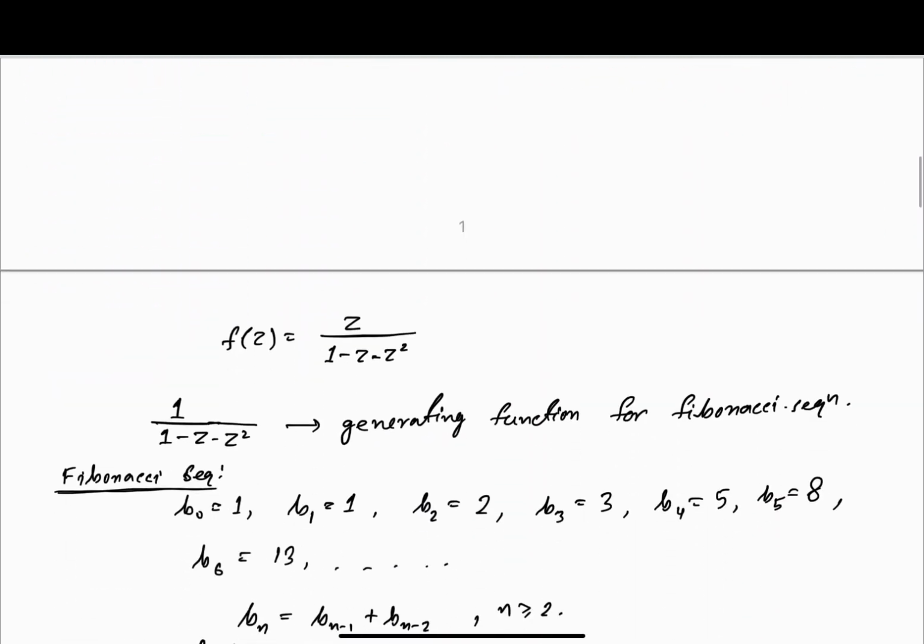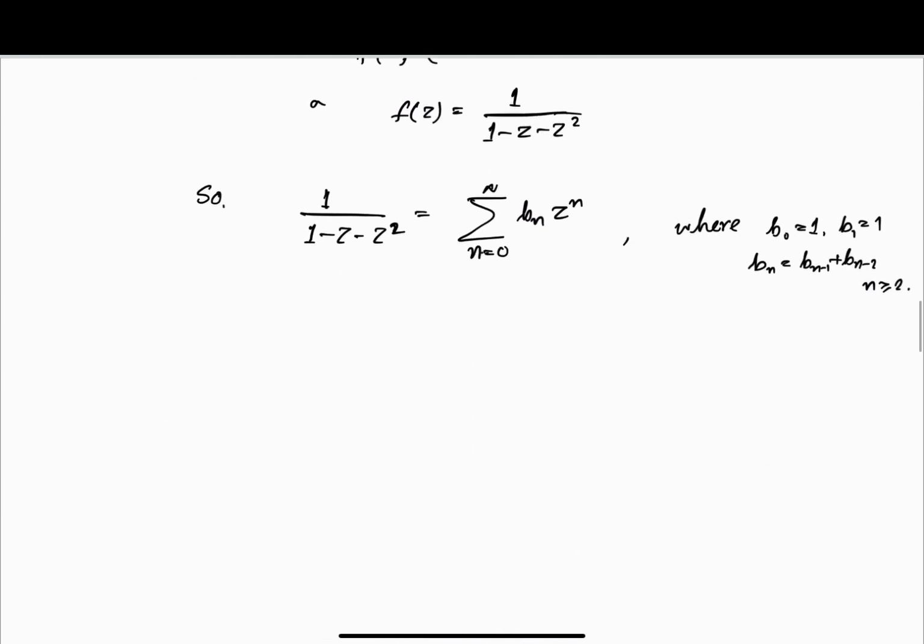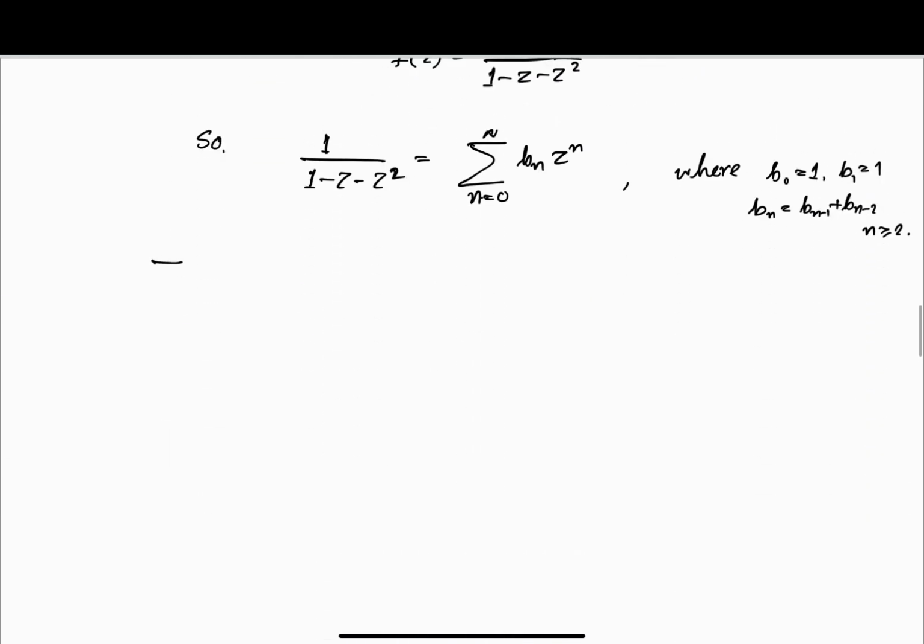But we have the function z by 1 minus z minus z square. So just multiply by z. Therefore z by 1 minus z minus z square becomes the sum n equals 0 to infinity b_n z^(n+1).